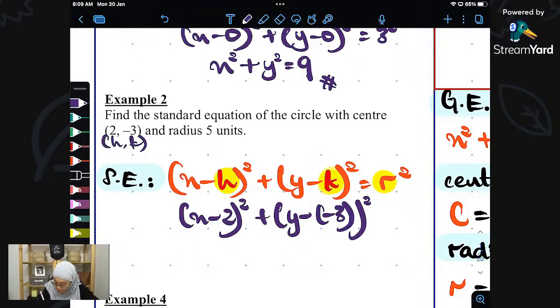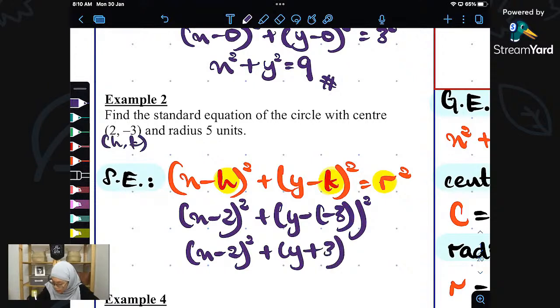To solve it, we will get x minus 2, the whole thing squared, plus y plus 3 squared. Equal to, I didn't put the radius. Equals to the radius, which is 5 squared. But now when we solve it, we will get 25.